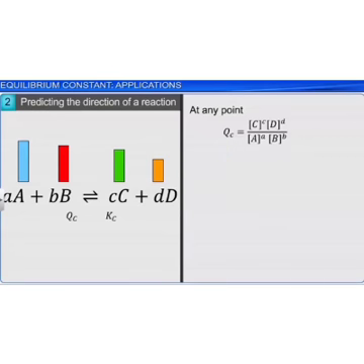For a general reaction of the type a moles of reactant A and b moles of reactant B reacting to give c moles of product C and d moles of product D, the reaction quotient Qc is expressed as the product of the concentration of C raised to the power c and the concentration of D raised to the power d, divided by the product of the concentrations of A raised to the power a and B raised to the power b.